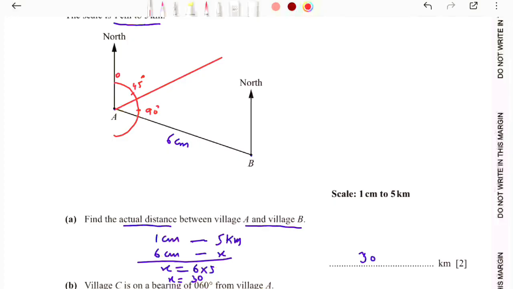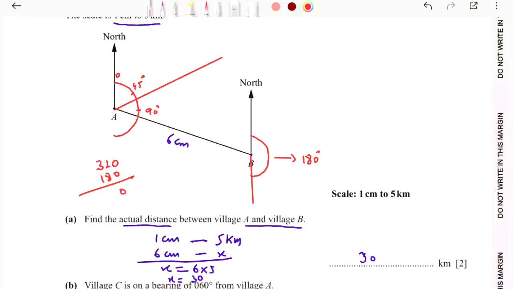You have to use a protractor for this. So village C is on the bearing of 320 from village B. Now we are going to place the protractor over here. Let me extend this line. Now actually this is 180 degree, a straight line. As we have to find the bearing of 320 from village B, so we are going to subtract 320 and 180.